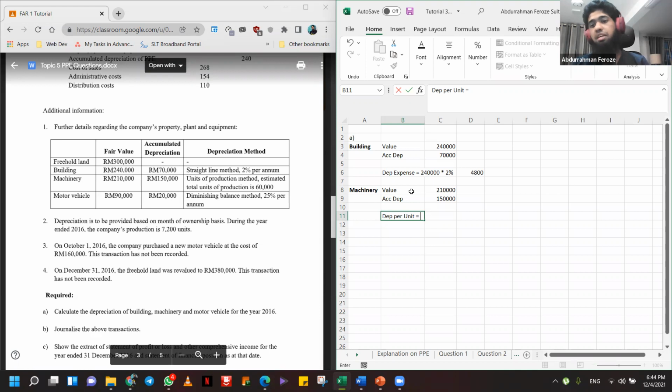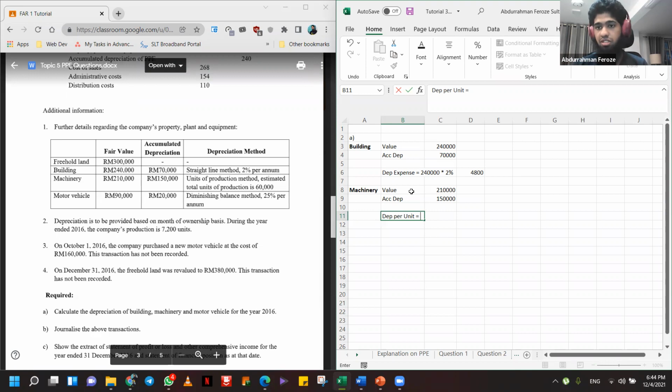The period does not necessarily matter, but let's say for the whole life, you're buying this machine for 100,000 ringgit, and you're going to produce 50,000 units over the next 5 years. For each unit that is produced, 2 ringgit is depreciated.